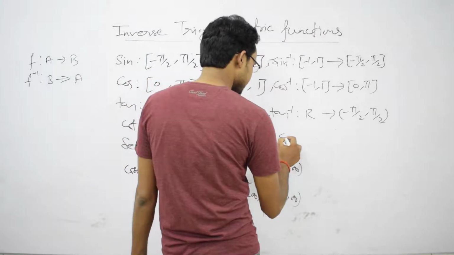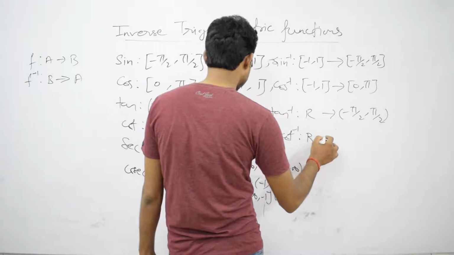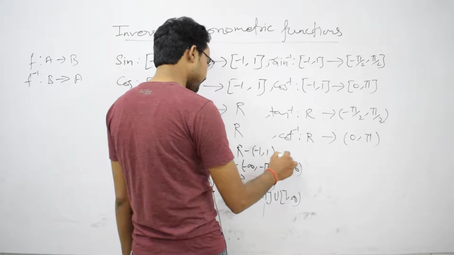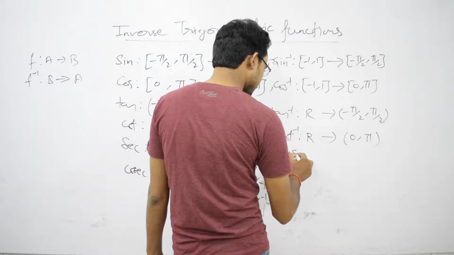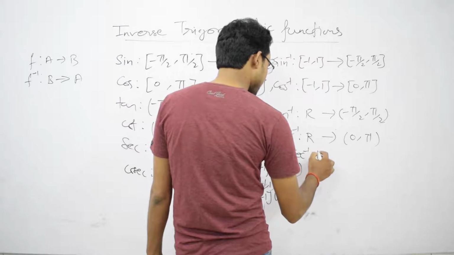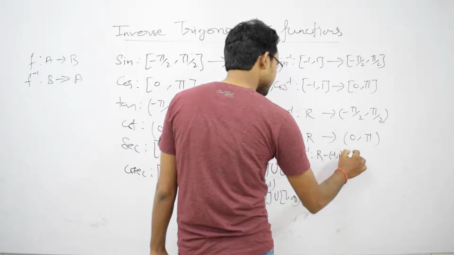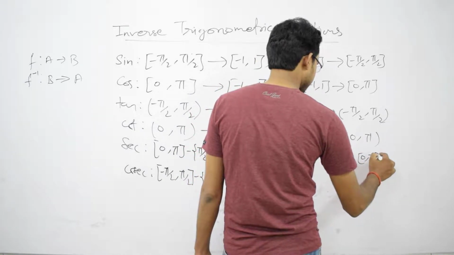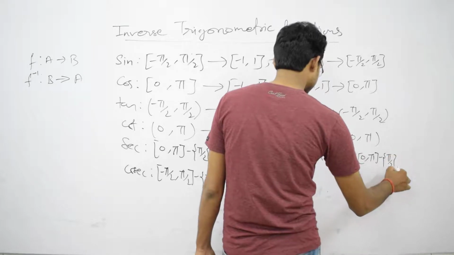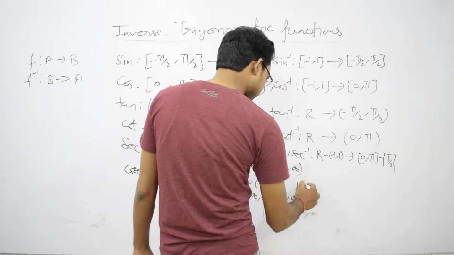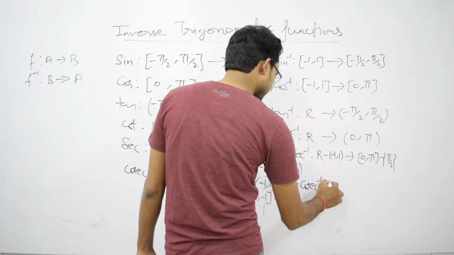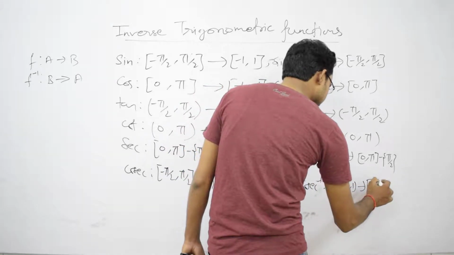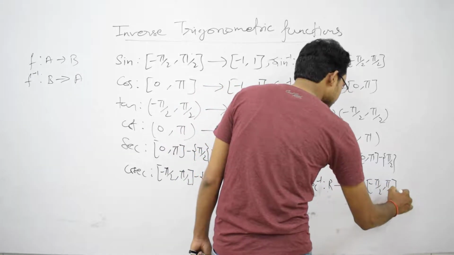And cot inverse is defined from real numbers to 0 to pi. And in the same way, sec inverse is defined from R minus (minus 1, 1) to 0 to pi, excluding pi by 2. And cosec inverse finally is defined from R minus (minus 1, 1) to minus pi by 2 to plus pi by 2, excluding 0.